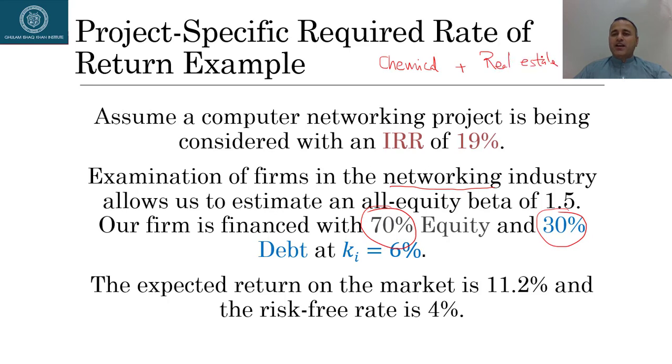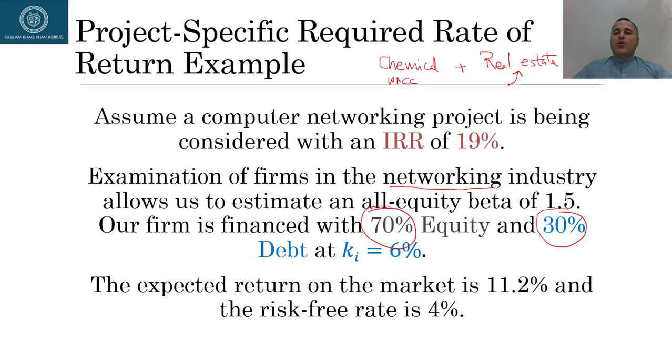So for example, they are considering making some buildings. They're considering undertaking a project which involves some construction. Now, for this project, of course, it's not a good idea to use WACC for the chemical industry, because the project is in real estate.